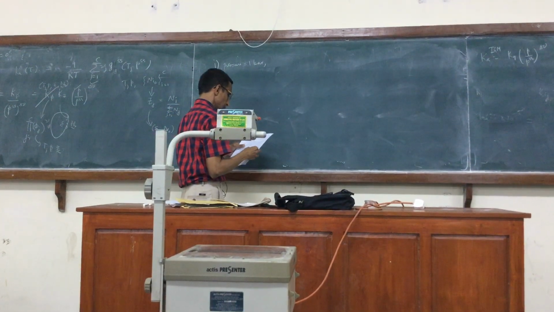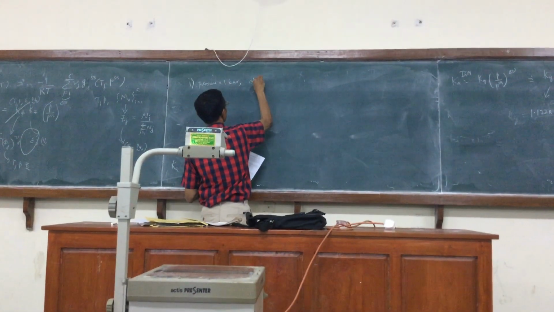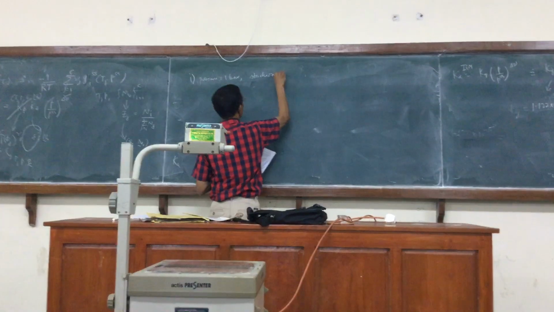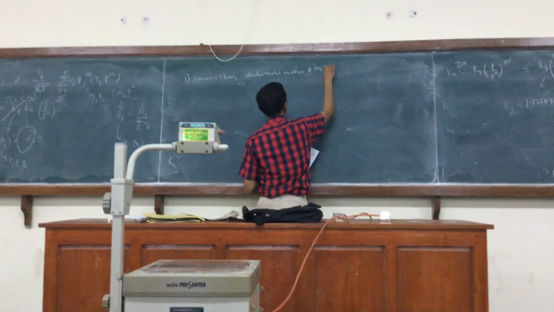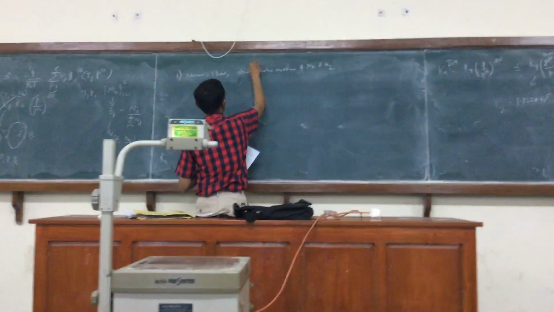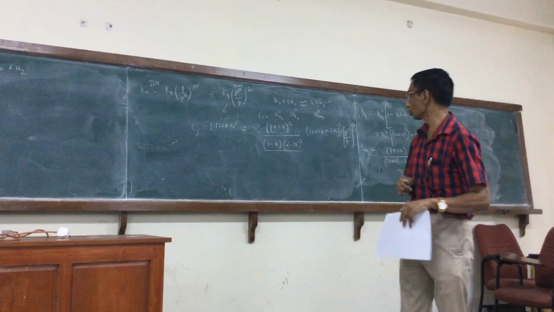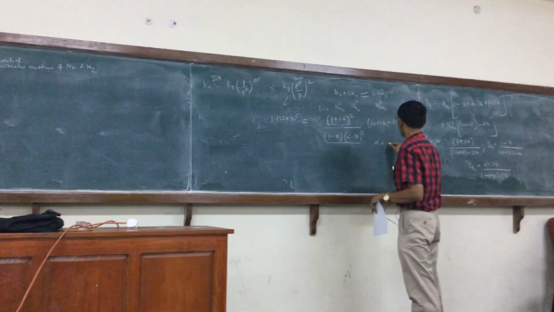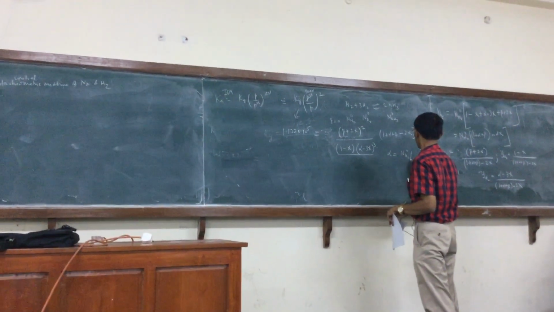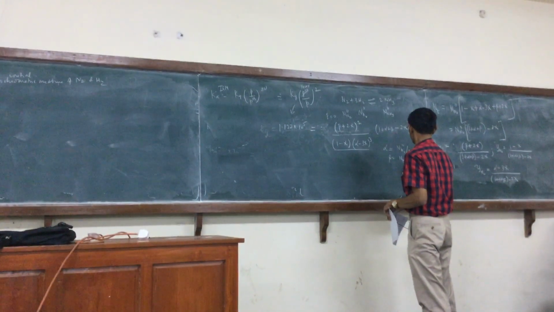And the initial is a stoichiometric mixture of N2 and H2, no NH3. Initial mixture. So we need only the ratios. For the stoichiometric mixture you should know what to do. The alpha is actually what? Alpha is n_H2 naught by n_N2 naught. That's important to keep in mind.